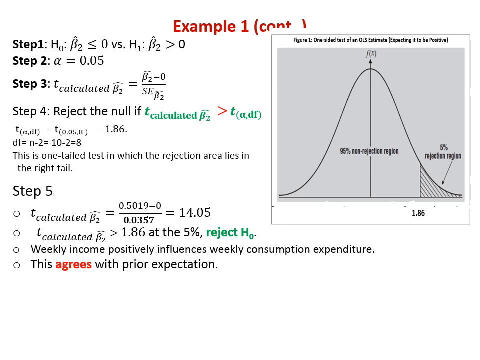For step 4, we have to determine when to reject the null. If the t calculated for the slope coefficient is greater than its corresponding critical value at the pre-specified level of significance, we have to reject the null.